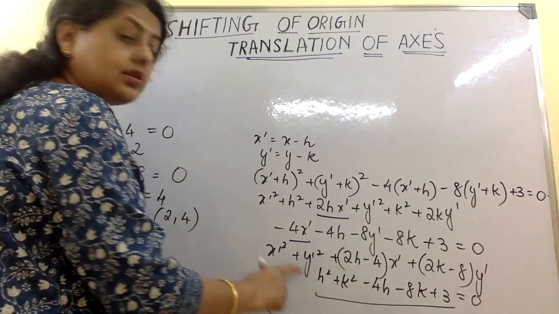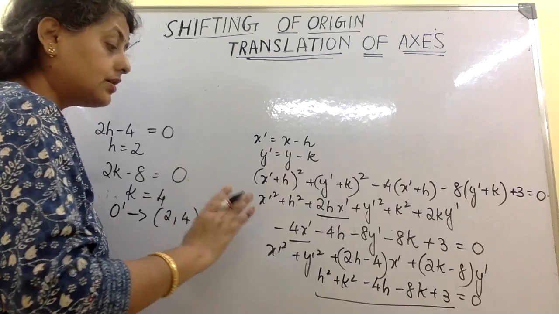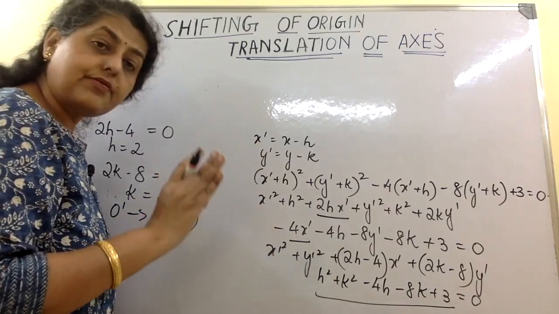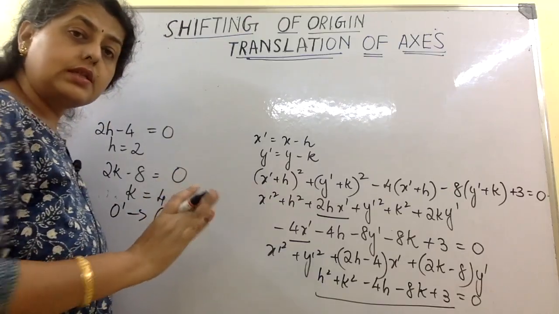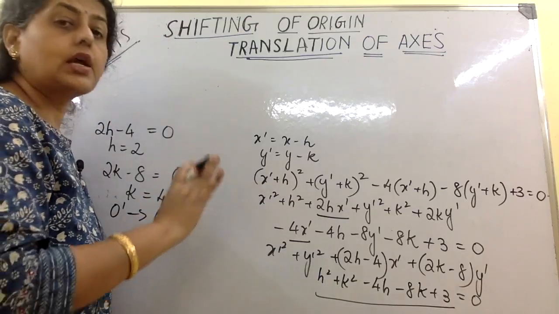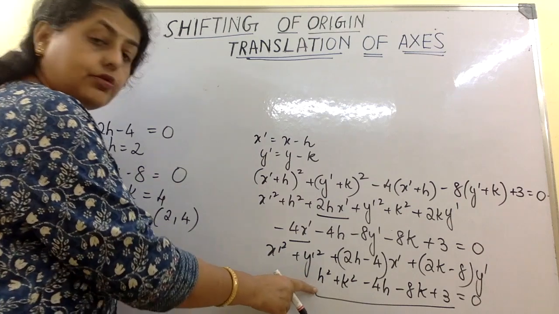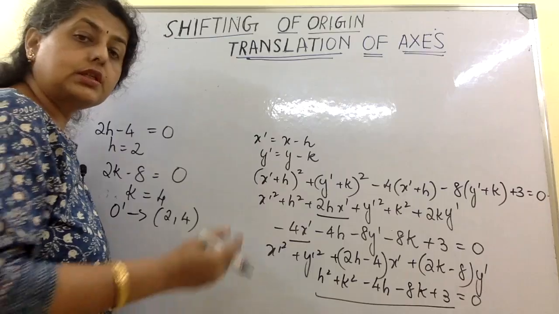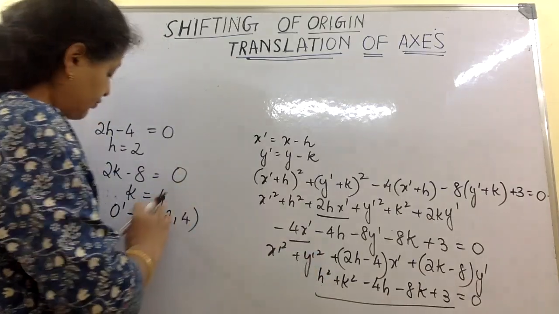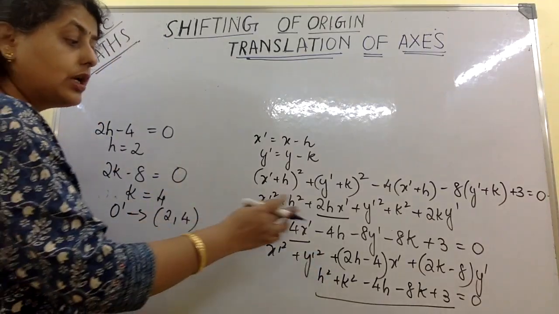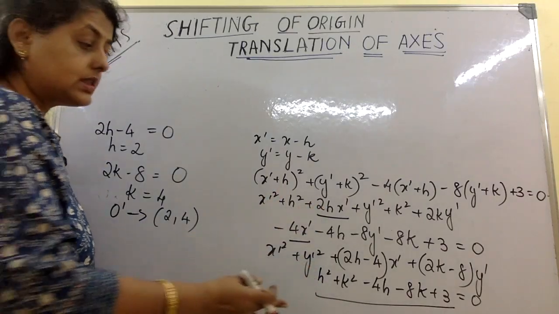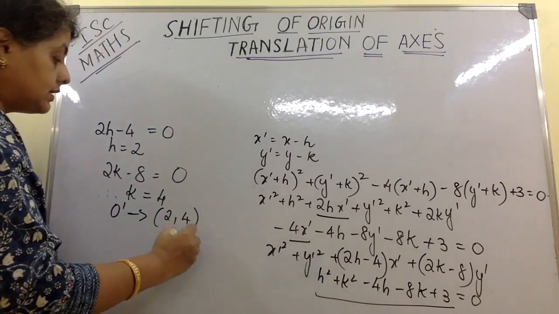So what makes the first degree and second degree is the value of x and y. H and k do not decide whether it is first degree or second degree. So you don't have to worry about this part because it is a constant value. Once we know the origin, these 2 and 4, we can substitute it here and we can get the sum. So this is a constant part. So my answer is here.